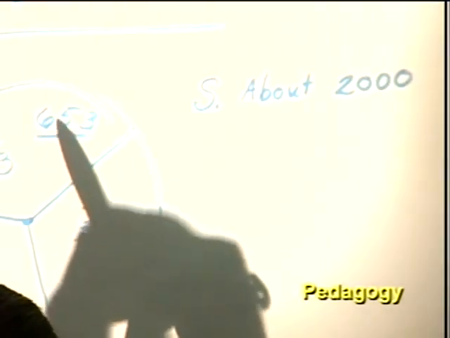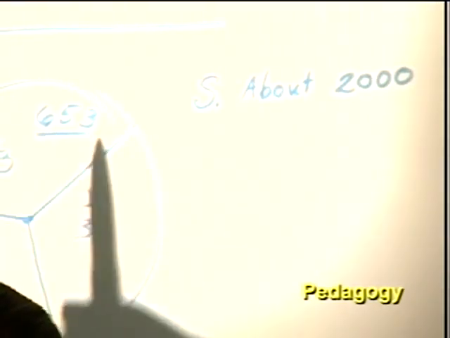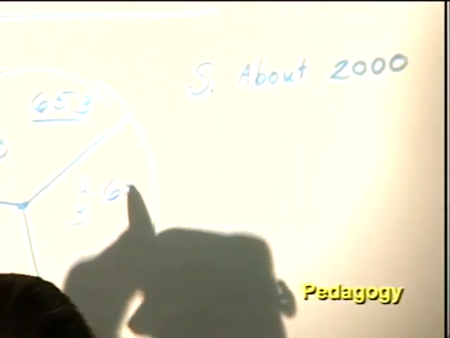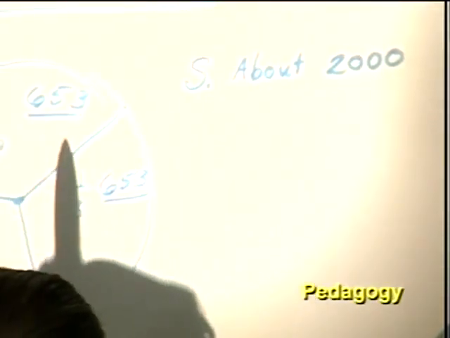Okay, you didn't exactly add them. You just thought in your head that this one is about 1,000, but not quite, if you add them both together. 653 plus 653. Oh, so you thought I'm going to add 653 and 653, and that's probably a little bit more than 1,000.